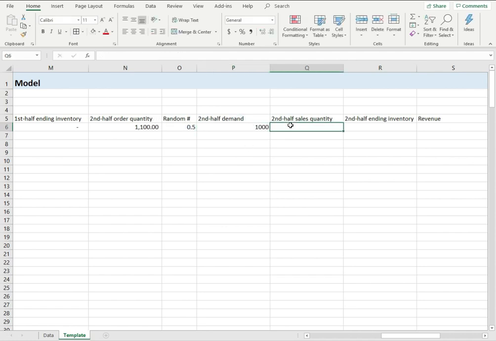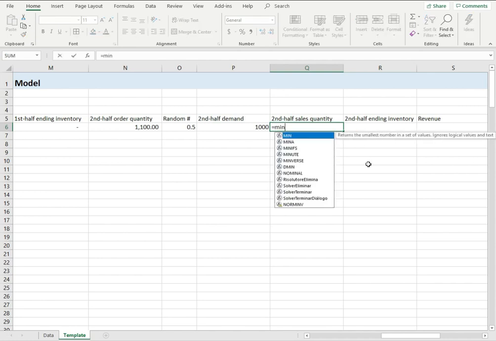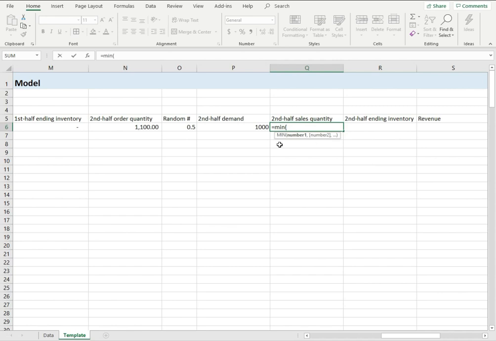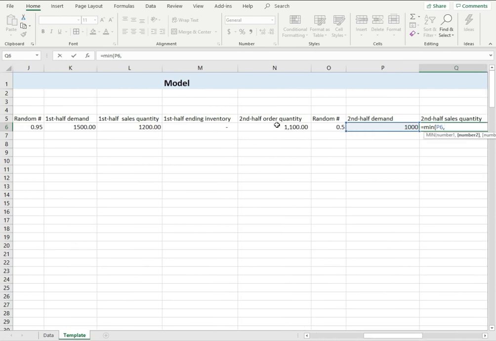Okay, sales quantity, it's the same idea. It's the smaller of the demand versus whatever inventory you have, which is the order quantity plus the remaining inventory here. Okay, this is actually just 1100. You can just put 1100 here.